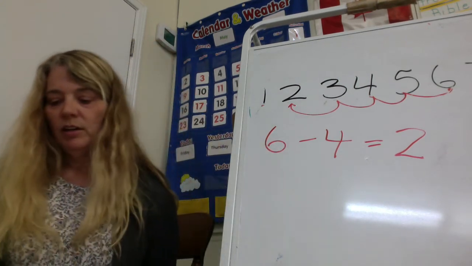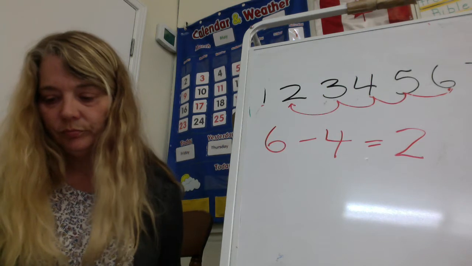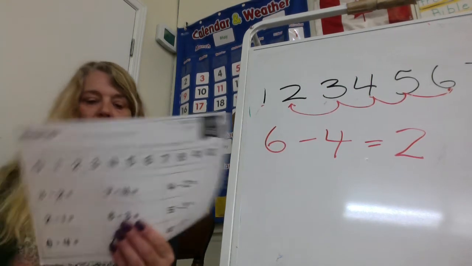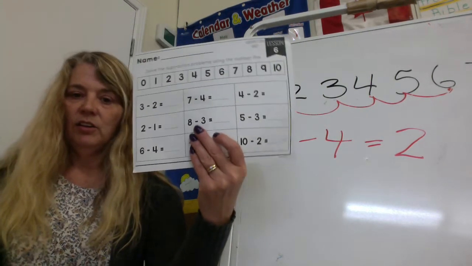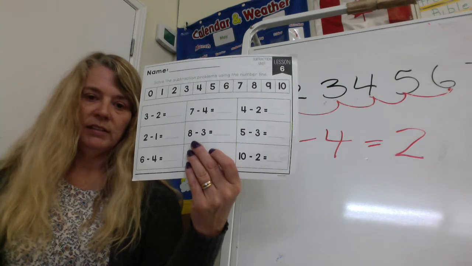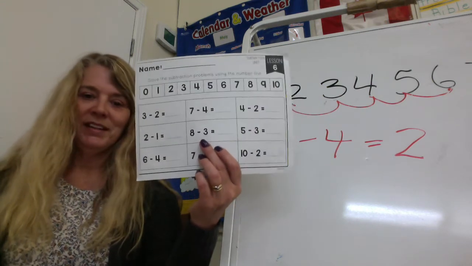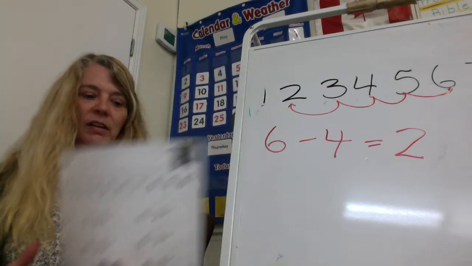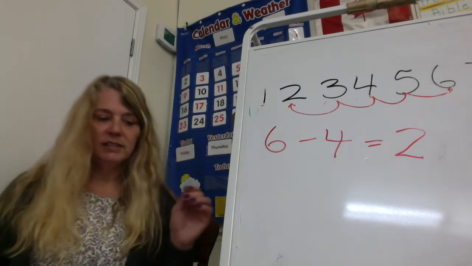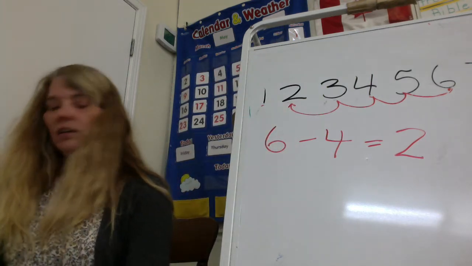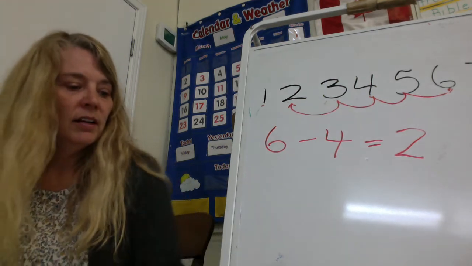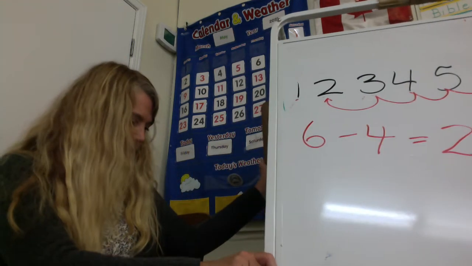There we go. You can, JKs, you can go ahead with your page now. Use your counters to help you with this. Use your Play-Doh smasher to help you with this. And SKs, you have a worksheet as well.